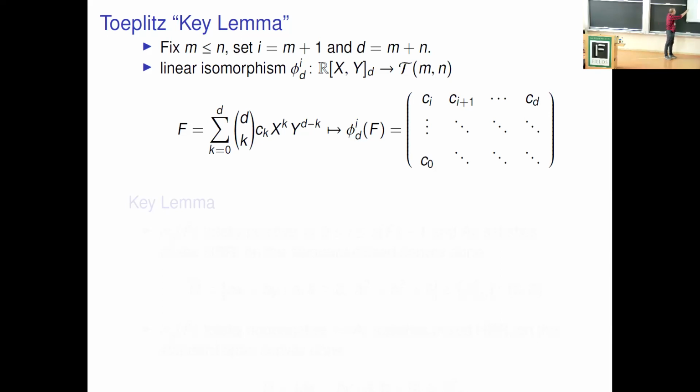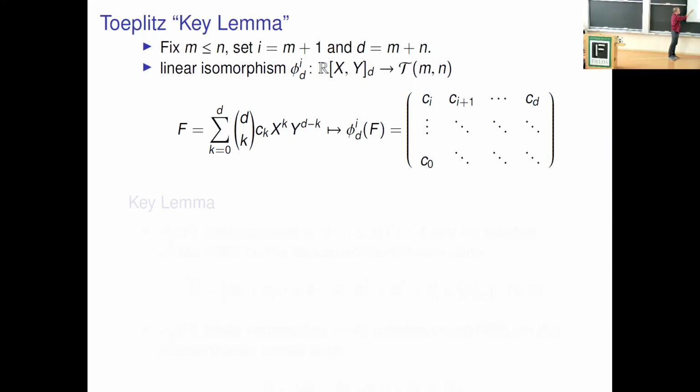And how do I turn this into a matrix? Well, what I do is I line the left and the top edge with the coefficients of f in this way. And then that completes to a unique Toeplitz matrix. I just complete along all the main diagonals. All the main diagonals hit the edge, so I get a Toeplitz matrix. And it's clear that this is an invertible process.